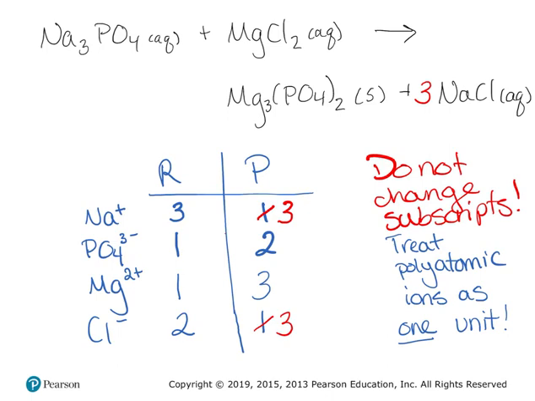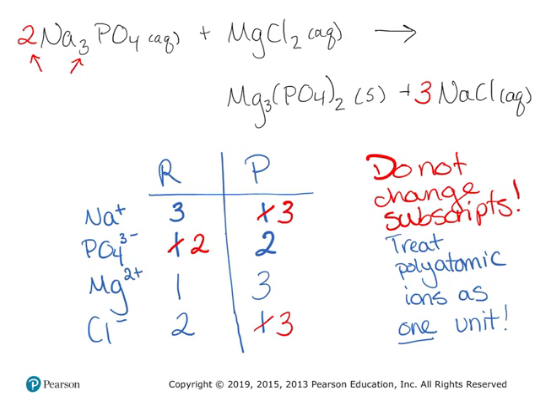Okay. So let's balance the phosphate ions. Okay, so I need 2 on each side. So I think what I'm going to do is multiply our first reactant by 2 to give me 2 phosphate ions. Oh, but I'm also multiplying the sodium ions by 2.